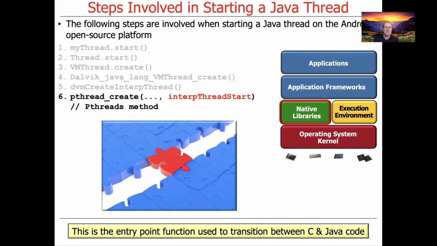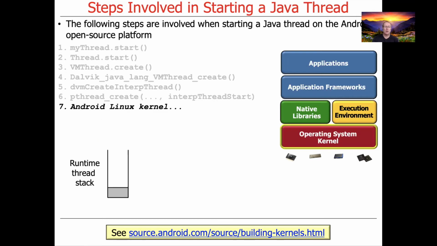It's really a C function that's used to transition between C code, or C++ code for that matter, and Java code. pthread_create is a C function, and you can pass it either C function pointers or C++ static function pointers, and it basically provides a shim or a connection between these two realms.